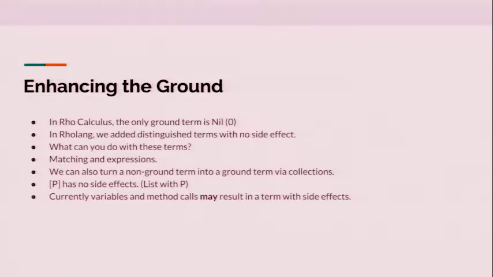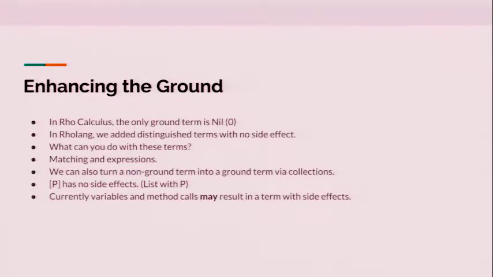All right. So, enhancing the ground, also known as fertilizing. In the rho calculus paper, hopefully some of you have read it, the only term that is not defined in terms of other Rholang terms or names is nil. It's 0.